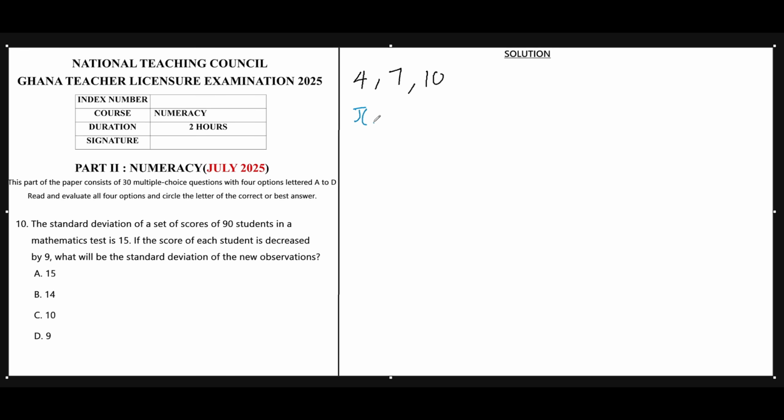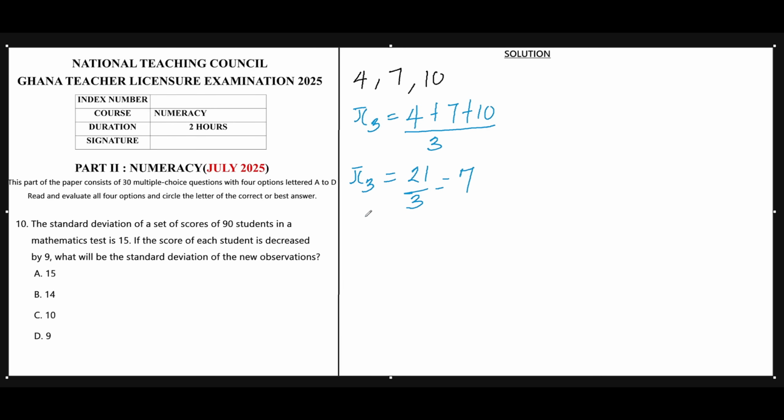The mean score of these 3 students will be the sum of their individual scores divided by the total number of students, in this case 3. So 4 plus 7 is 11, 11 plus 10 is 21. 21 divided by 3 gives us 7. So the mean score of these 3 scores is 7.